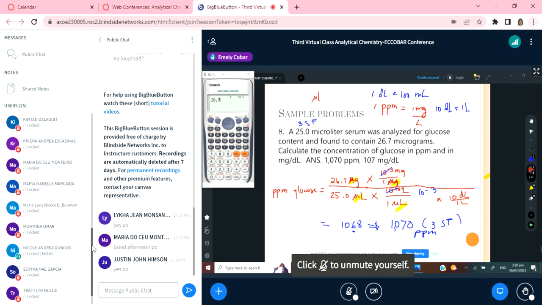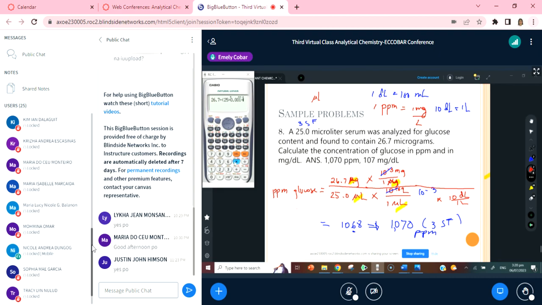Milligrams na yan, di ba? Divided by. Sa numerator, we have, at denominator, we have 25, times 10 to the negative 3, or 0.001 is 10 to the negative 3.